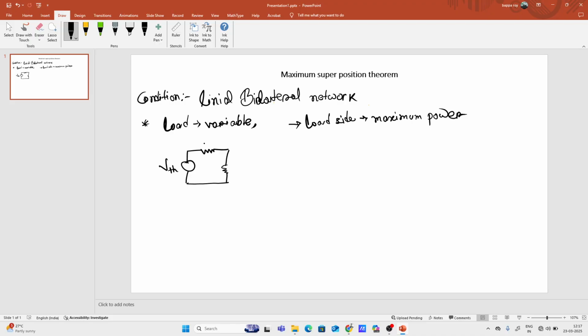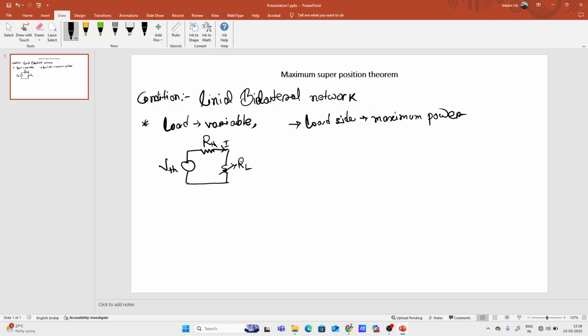VTH means Thevenin's voltage and RTH, Thevenin's resistance, and this is a variable load, that is RL, and the current flowing is I. So this is just a representation of the Thevenin's network, this part VTH RTH.